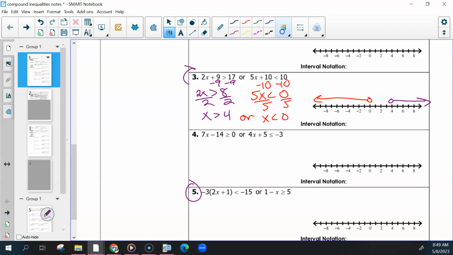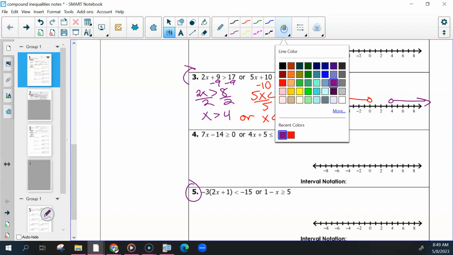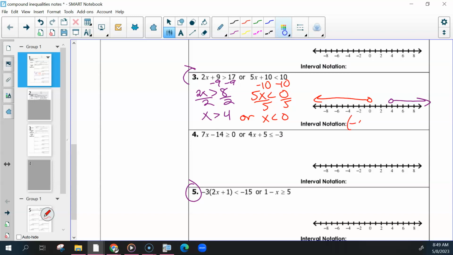If you wanted to write the interval notation, it would start at negative infinity. It would end at 0. It's not a closed circle, so parentheses. Because there's 2 parts, you have to put the union symbol in between.